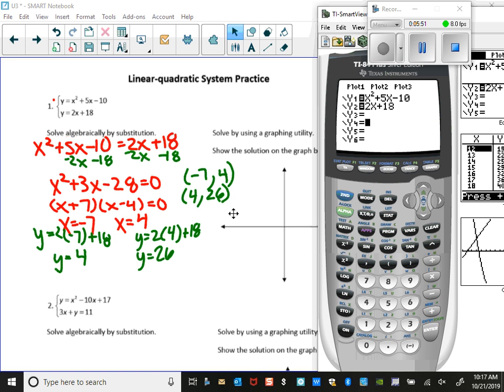So your y1 will be your quadratic, your y2 will be that linear. Just thinking in general for later problems, they both have to be in that y equals format for you to use the calculator. So take a second, enter both of those into the calculator in your y equals.